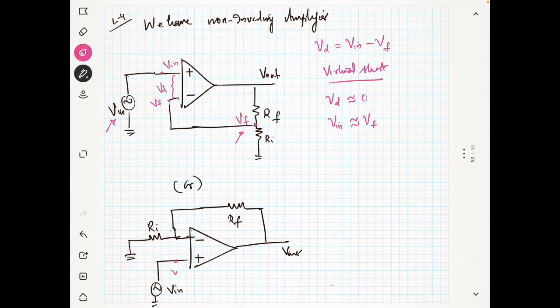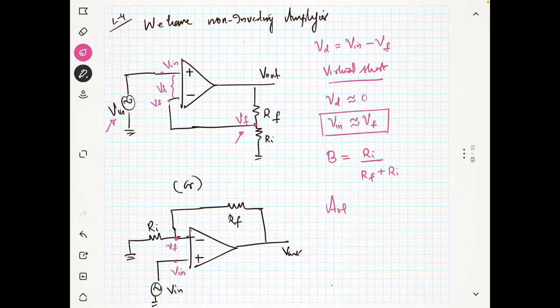So this is V in, and this is Vf. V in is approximately equal to Vf, and I also told you the feedback factor B is equal to Ri divided by Rf plus Ri. And what is the voltage gain?